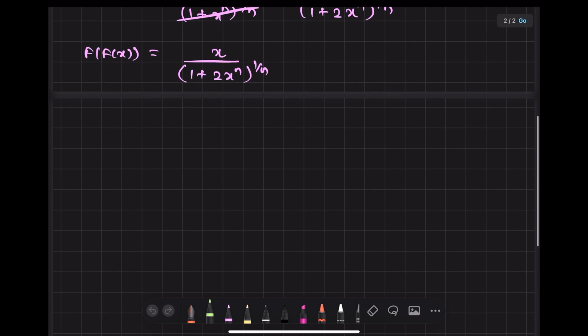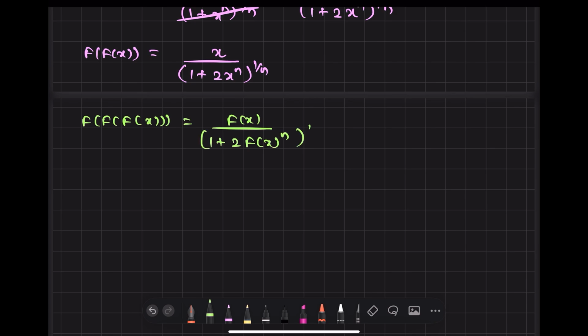manipulation. So we will write f of f of f of x. Okay, now we will replace x with f of x. So f of x upon (1 plus 2 power 2 into f of x power n) to the power 1 by n.